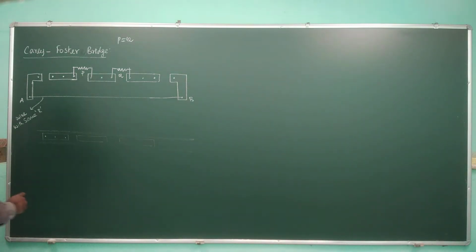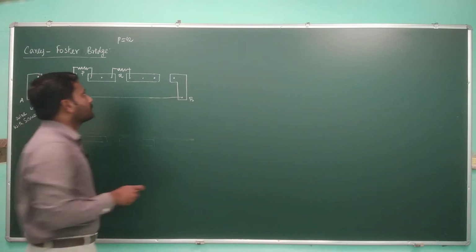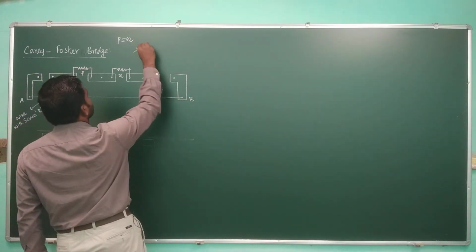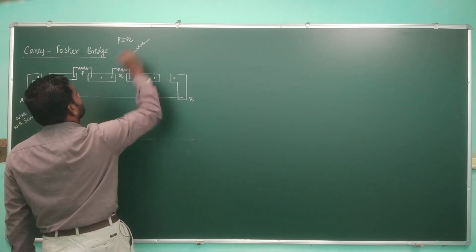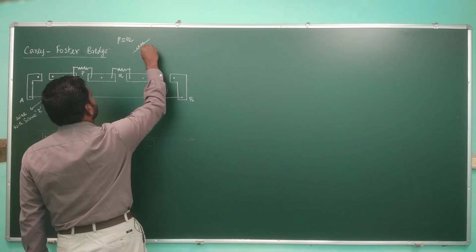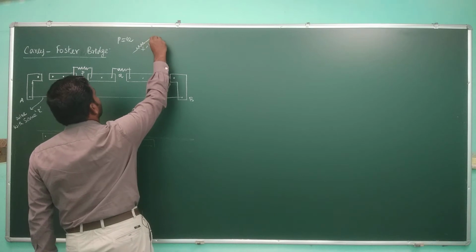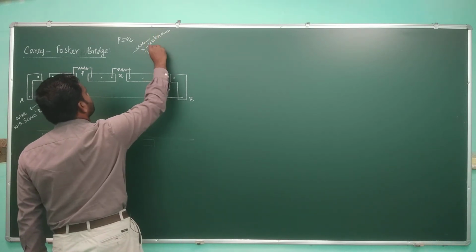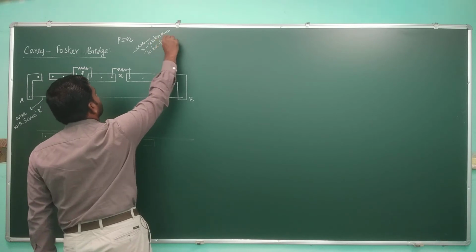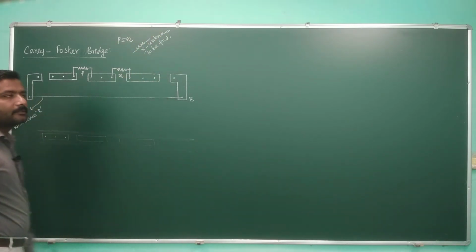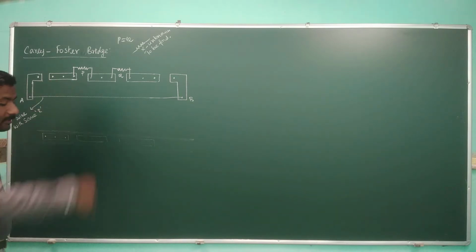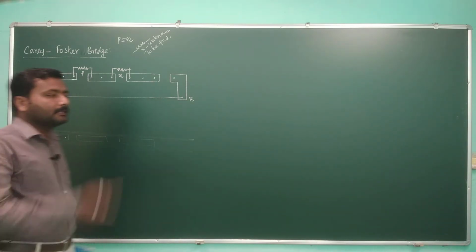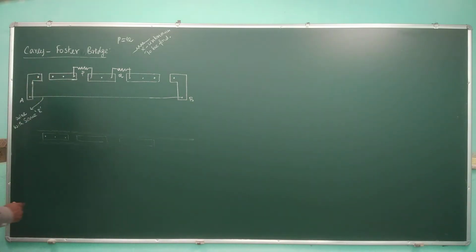And now we are given a resistance, say for example X, whose value is unknown, and we have to find the value of X. If this is the task, how to do that? That can be done using this Carey-Foster bridge.